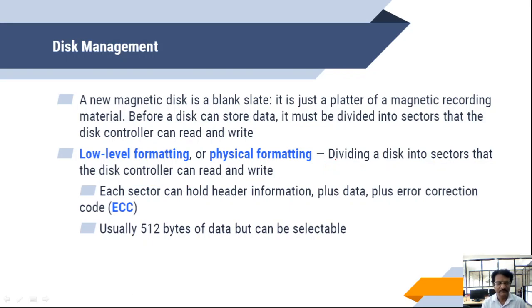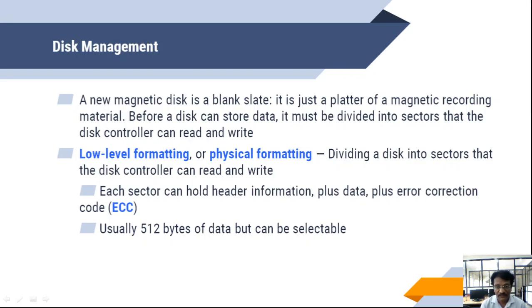Each sector can hold header information, which means a kind of address, plus data, what you actually want to store, plus error correction code, that is ECC, also can be included while formatting. So low level formatting fills the disk with a special data structure for each sector.